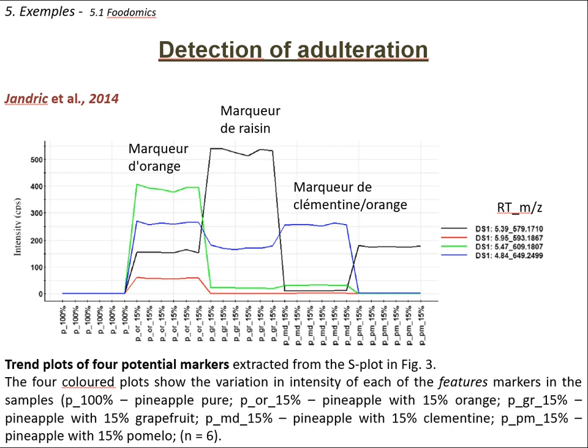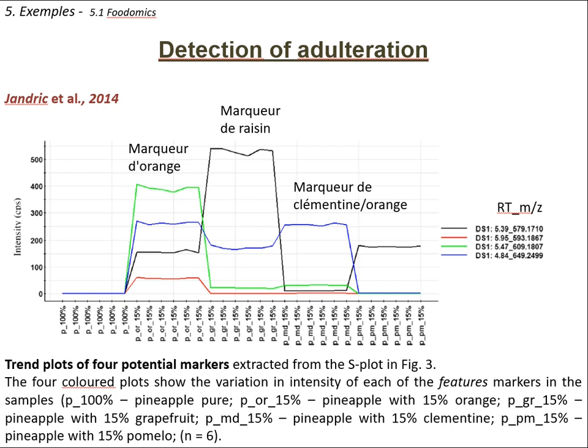But when you have 15% of orange, then you have an accumulation at different degrees of these markers, where the red marker is less abundant in this case, but the green marker is a strong marker of orange in pineapple juice. Then you have pineapple with grape, and the most important marker is the black one.